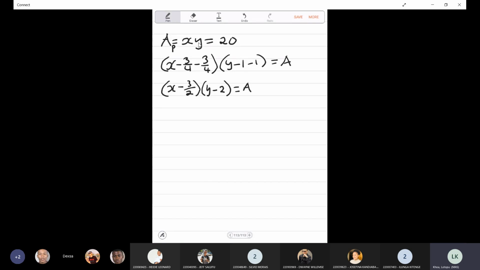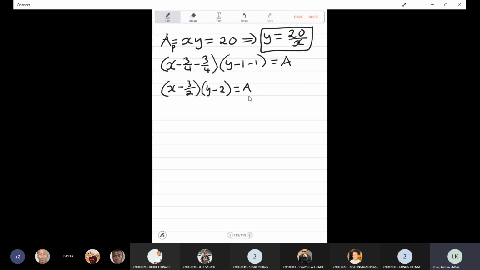Since we know that x times y is equal to 20, from here we can say that y is equal to 20 over x. Okay, so if we know that y is equal to 20 over x, we can now substitute it here, and then you can see our equation A will be in terms of x only.